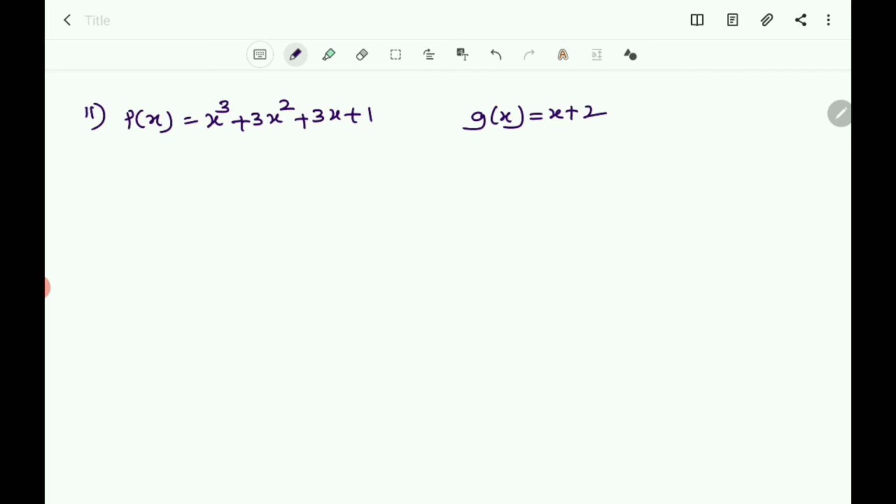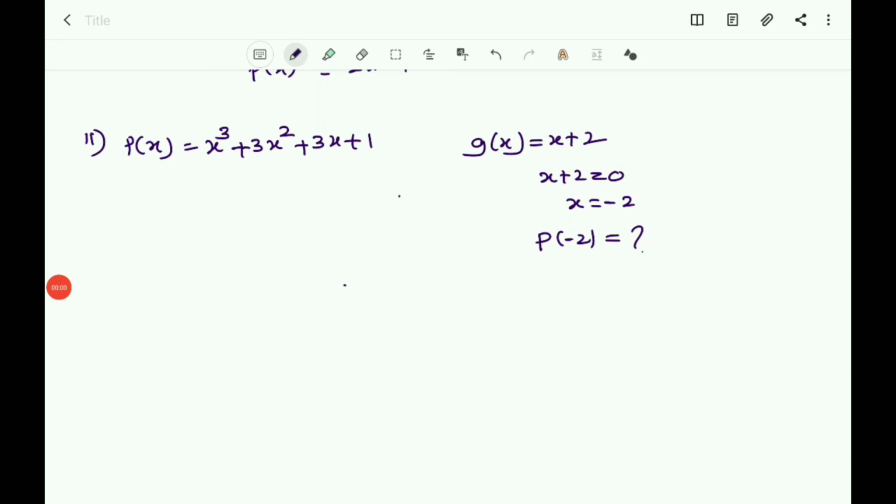Here you take x plus 2 equals 0 implies x equals minus 2. That is p of minus 2 that you have to find out. If p of minus 2 is equals to 0, then you can say that x plus 2 is a factor of x cube plus 3x square plus 3x plus 1.